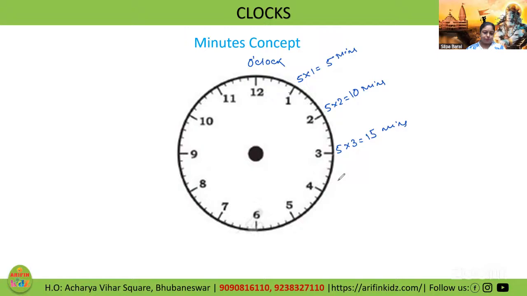It is useful. So it is 5 into 4, beta. It is 20 minutes.